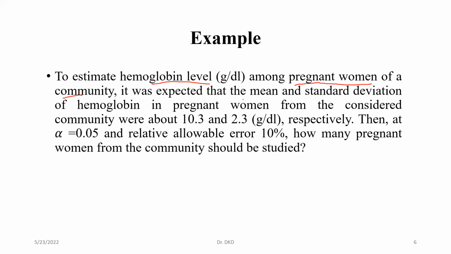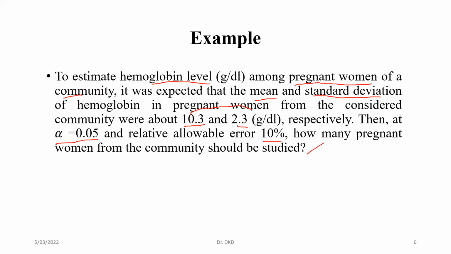It was expected that the mean and standard deviation of hemoglobin in pregnant women from the considered community were about 10.3 as the mean and 2.3 as the standard deviation, respectively. Then at 5% level of significance, alpha is 0.05, and the relative allowable error is 10%. How many pregnant women from the community should be studied?